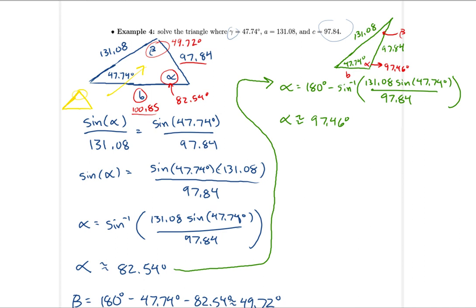But then we want to check our green solution, right? How's our green solution doing? Well, we should find beta by taking 180 degrees minus my 47.74 degrees minus my 97.46 degrees. And that gives me a beta of 34.80 degrees.